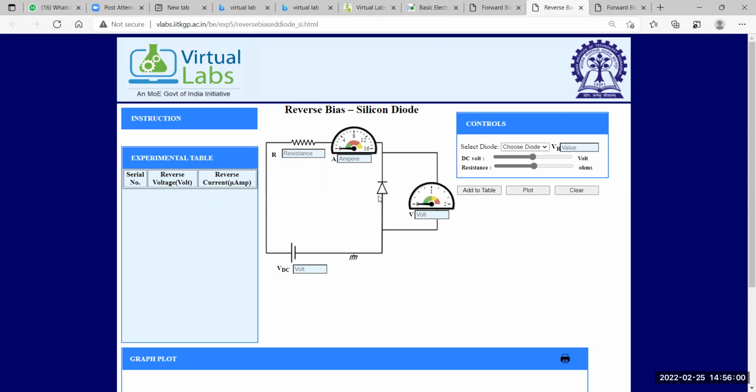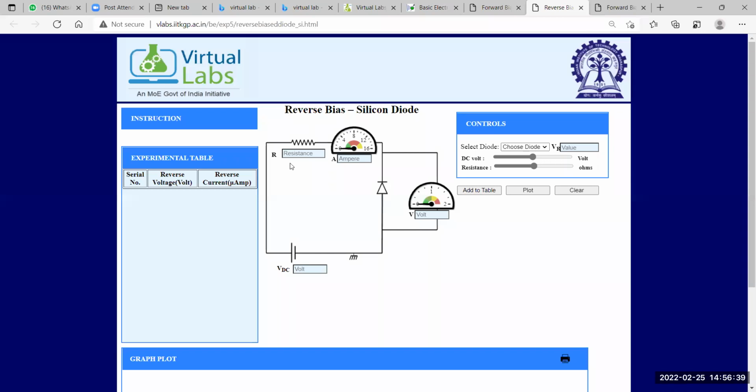In the reverse bias condition you can see the diode position. It is basically opposite, so the VDC positive portion is connected with negative, and the negative portion is connected with positive.